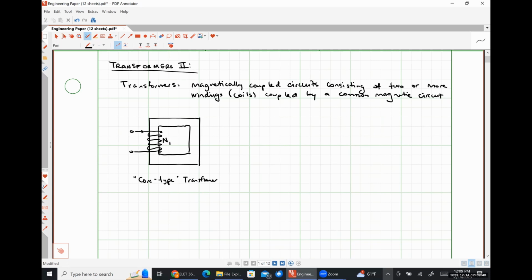It has N1 turns and is going to be carrying a current I1(t). And over here, this will be coil 2. This one will have N2 turns and will carry a current I2(t).